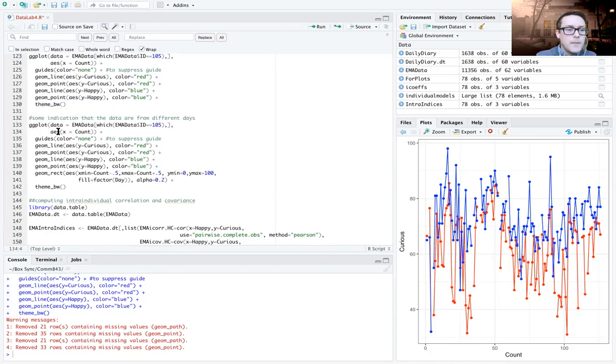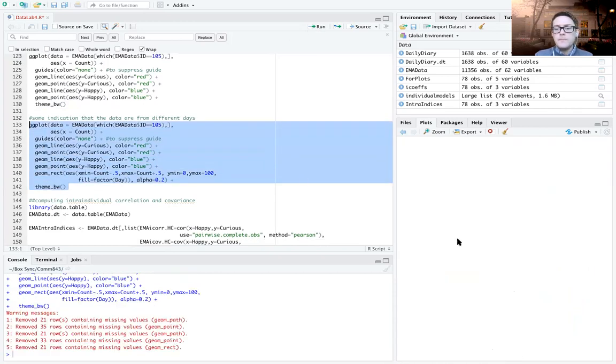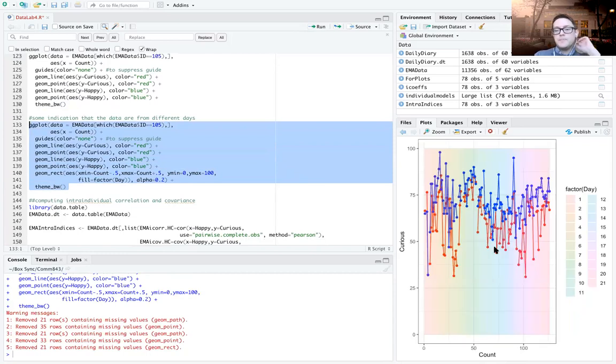And so one way we can do that is we can use our geom_rect function that we used in DataLab4 to put a background variable. And I'm just going to use the day variable, which tells us which day of the study it is, into the background. So let's see what that looks like. It's very pretty. This is probably not the best way of doing it.